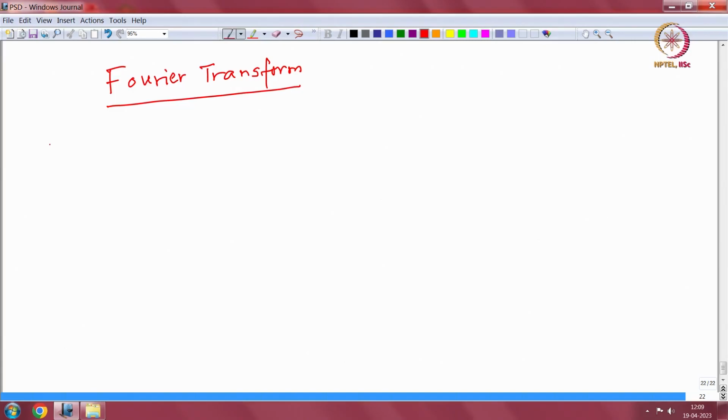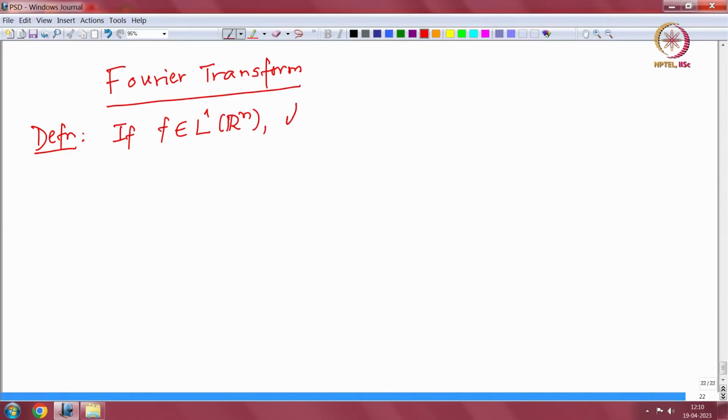So, let me start with the definition. Now, all the functions are defined on Rn. So, I will just define and then we will continue in the next class. Let me not write this Rn all the time, just simply write L1.